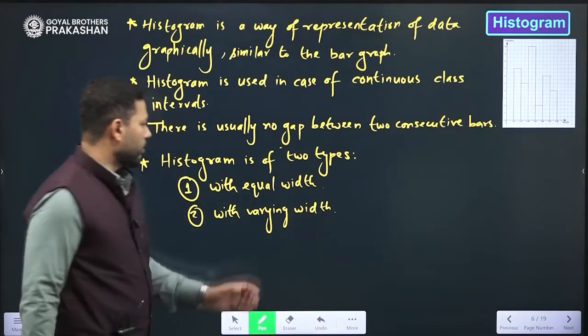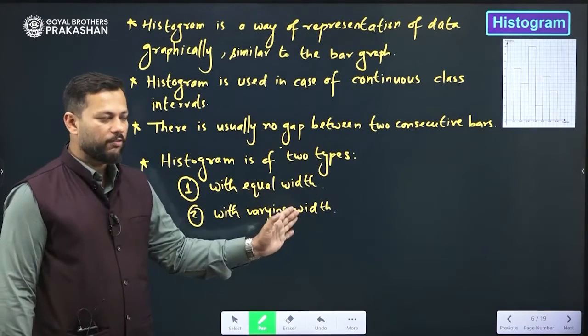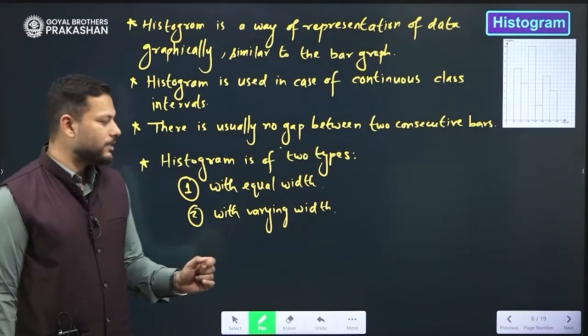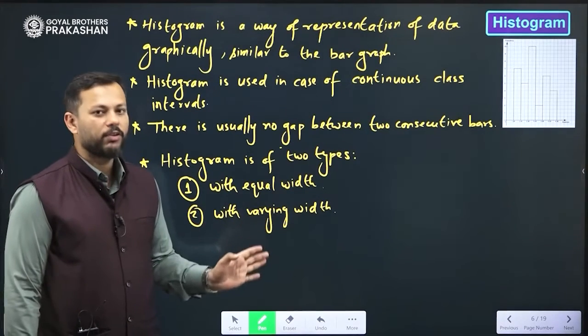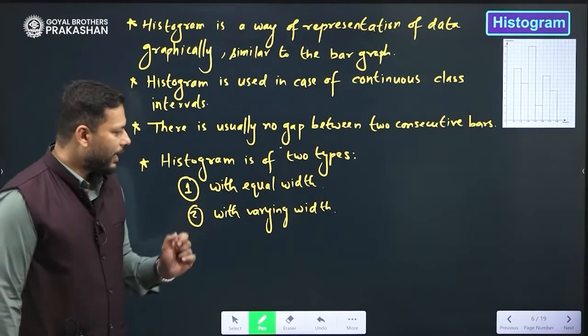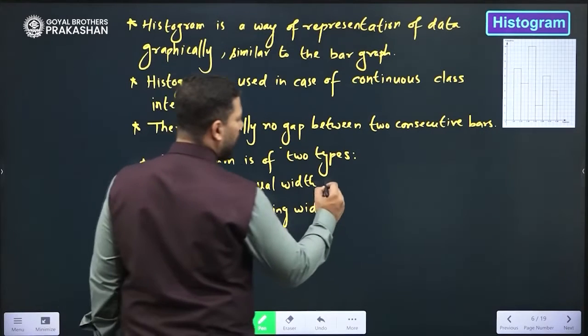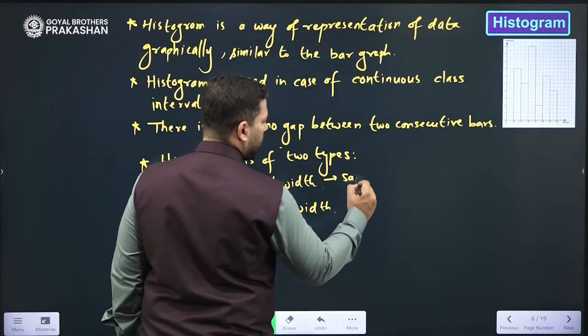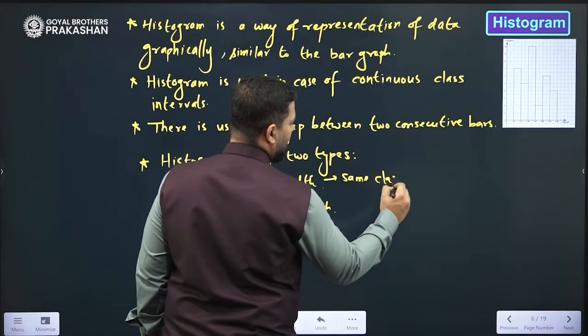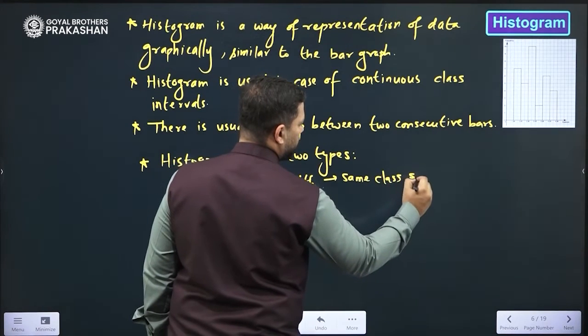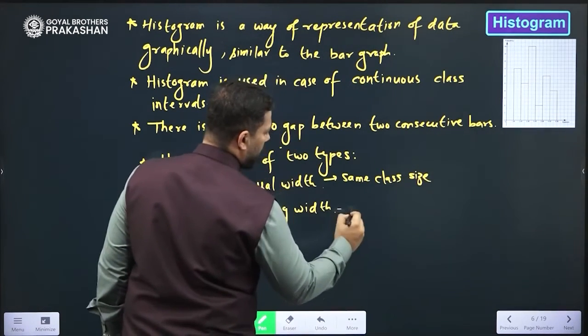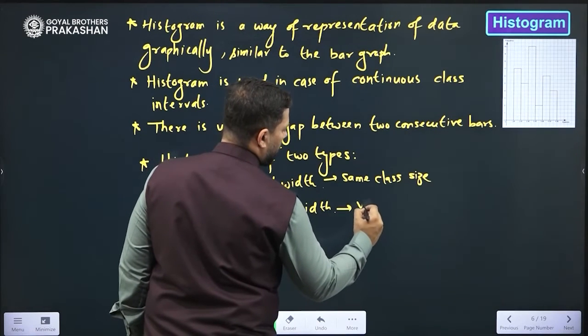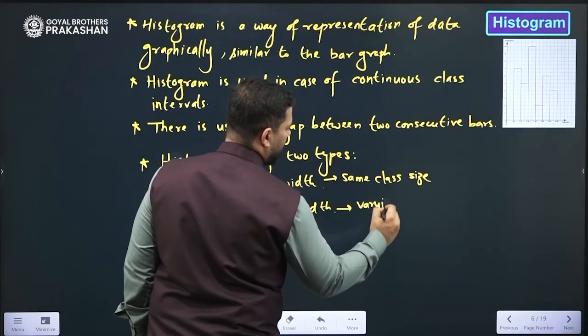Okay, the first histogram is of equal width, which will have the same class size throughout, and the varying width will have different class sizes, right? In case of equal width, what do we have? Same class size, and here we have varying class size.